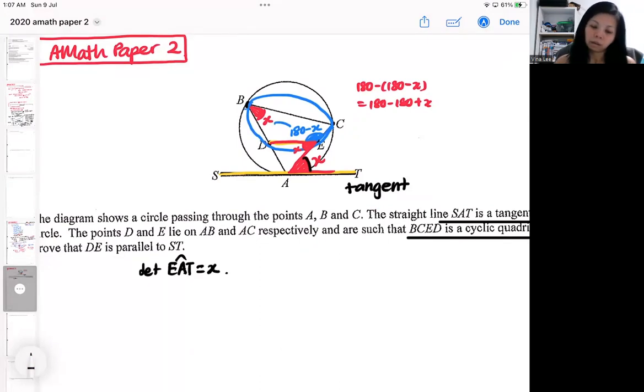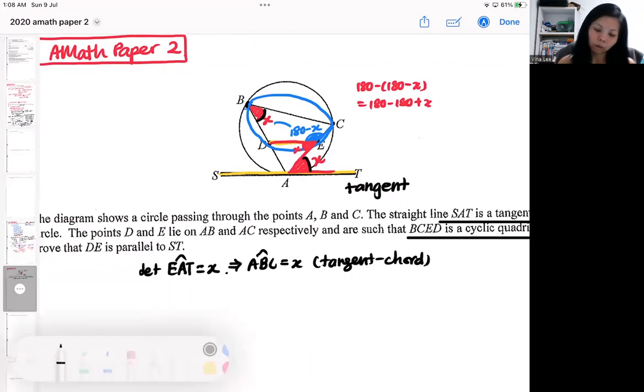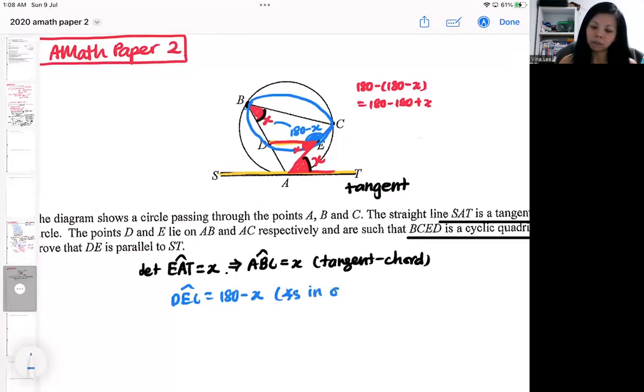After that, the x here is due to the tangent chord theorem. You've got to explain why this is an x, by saying it's the tangent chord theorem. And then how do you account for the blue one? DEC is actually 180 minus x because it's angles in the opposite segment.